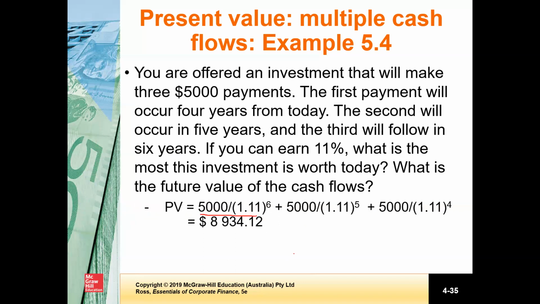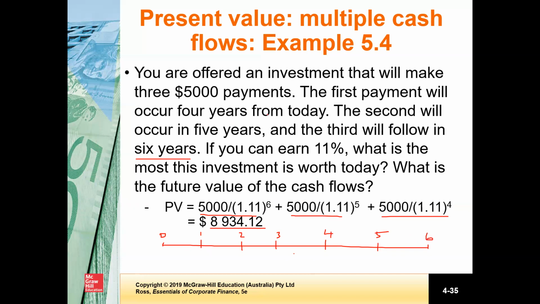So this is the present value of the first payment, this is the present value of the second payment, and the present value of third payment. Okay, and you can see that the present value is 8,934. Okay, now let me show you the timeline once again. So this is a 6-year cash flow. So 0, 1, 2, 3, 4, 5, and 6.